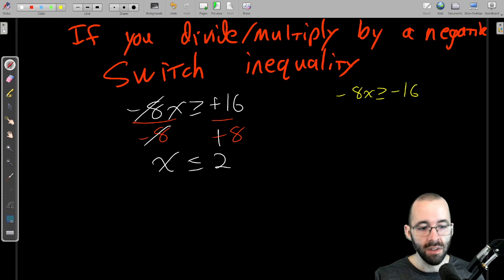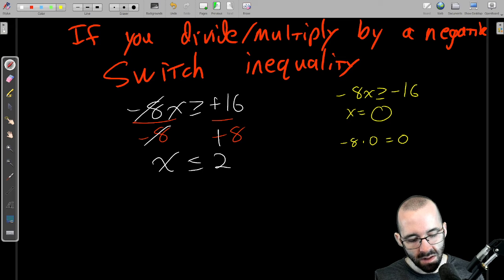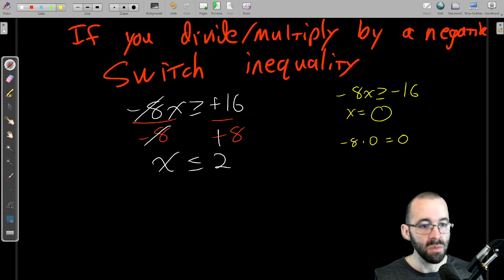I'll pick something smaller than 2, how about 0? If I plug in 0, negative 8 times 0 is equal to 0. Is 0 bigger than negative 16? Yeah, it is.